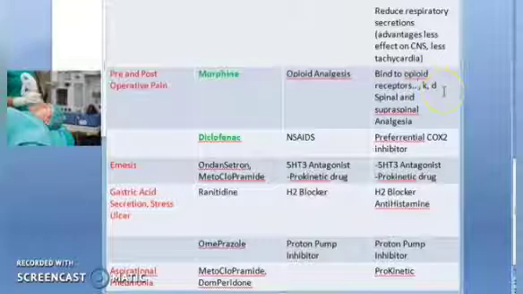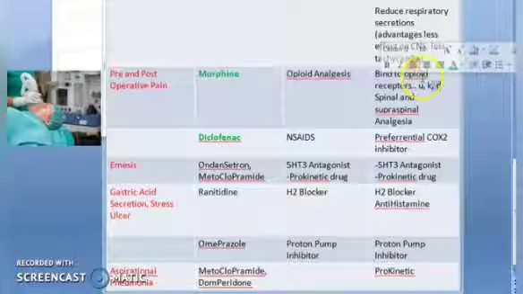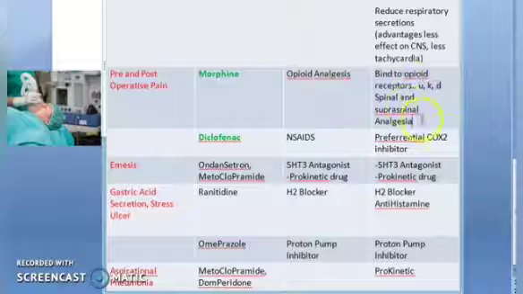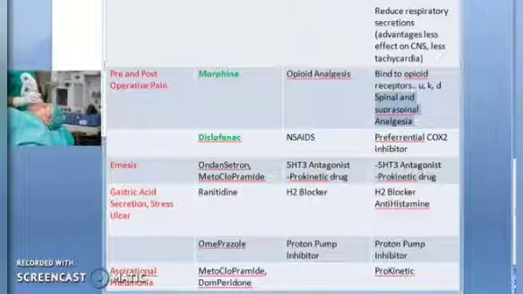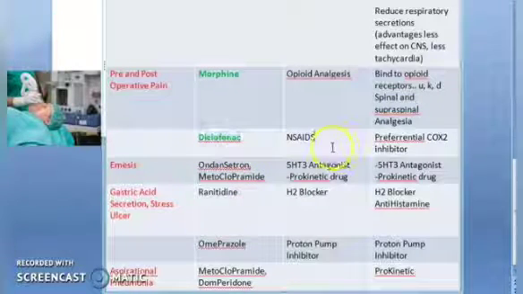They produce spinal and supraspinal analgesia. You can also give diclofenac, which is an NSAID. It's actually a preferential COX-2 inhibitor.